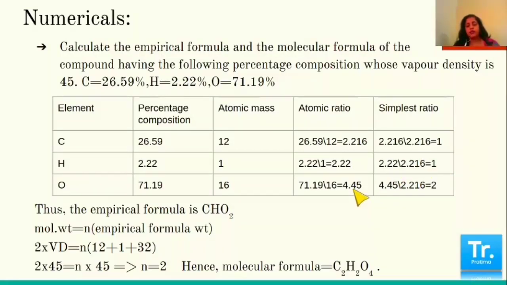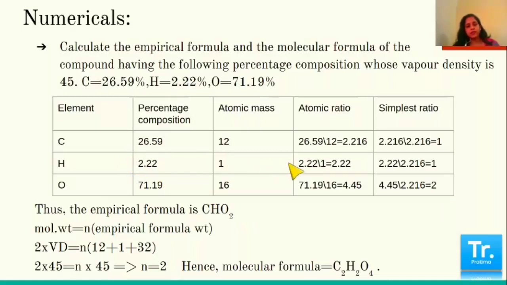And 4.45 by 2.216 is exactly 2.0 something, so we take it as 2. So the simplest ratio for carbon, hydrogen and oxygen is 1, 1 and 2. So the empirical formula is C1 H1 O2. 1 we don't write, so we got the empirical formula.